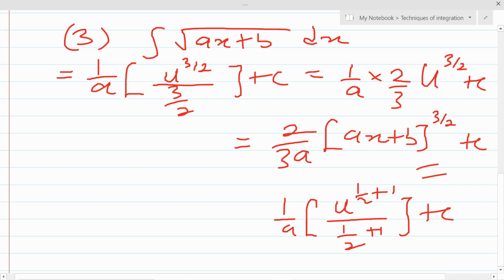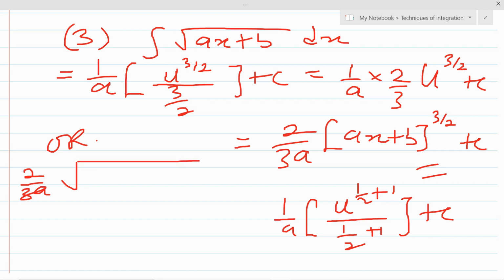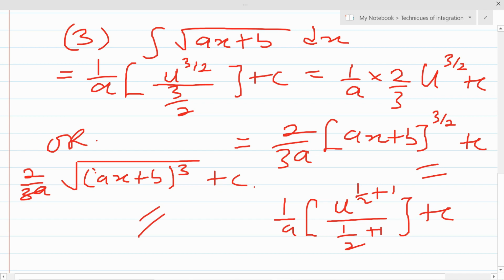This can be your final answer, or if you know how to play with indices very well, then this is the same as 2 over 3a, then the square root of ax plus b cubed, plus c. Okay, so you can also manipulate it and get something like this. So that is it for the third question.